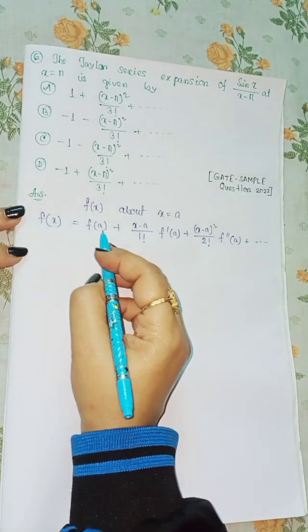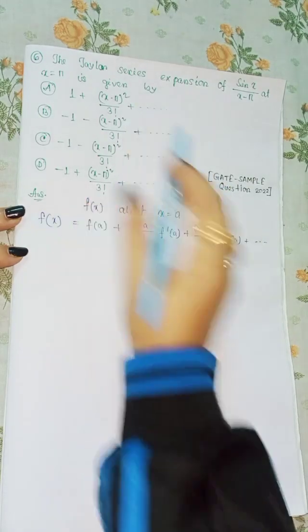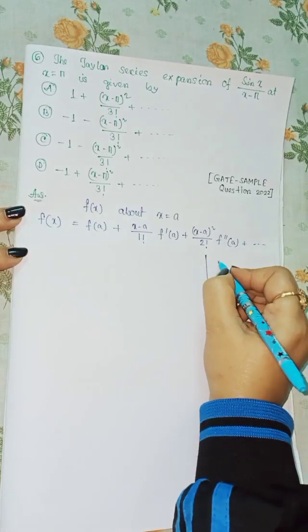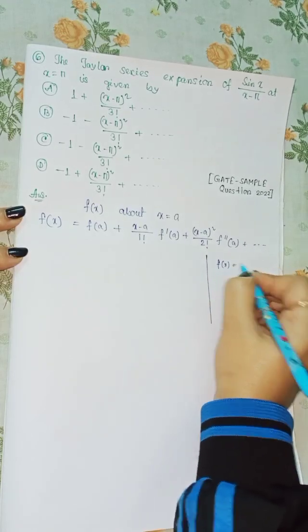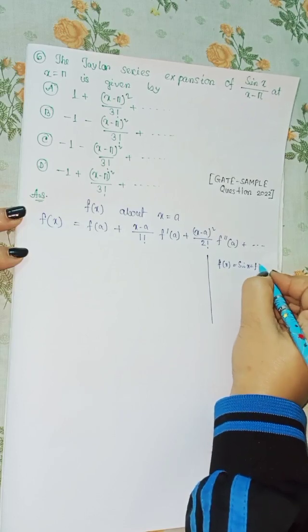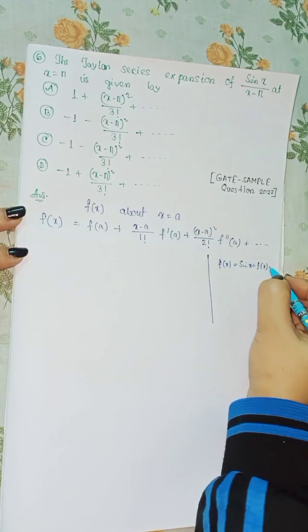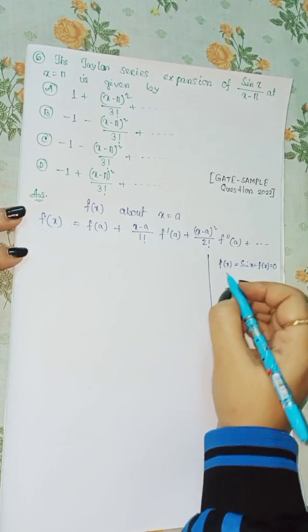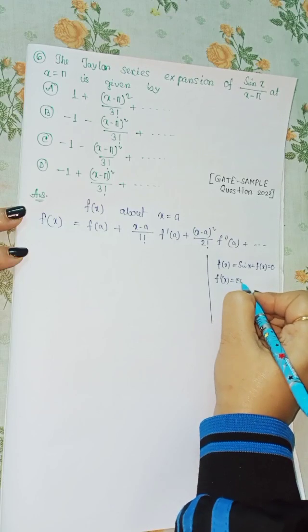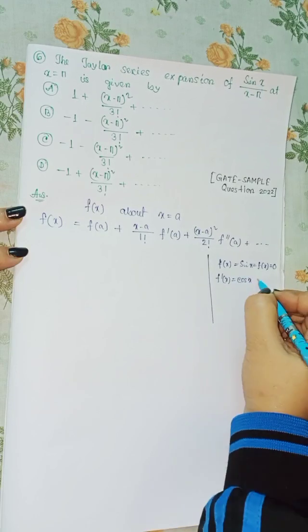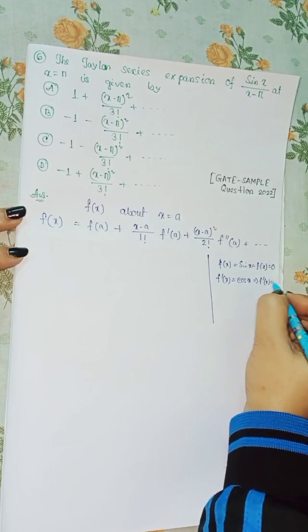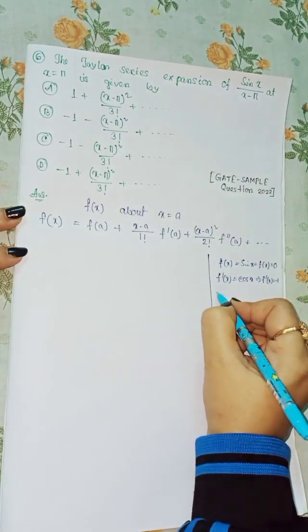Now one thing, if f x is equal to sin x, then f x at the point 0 is equal to 0. Now f dash x is equal to cos of x. So here f dash x is equal to 1 minus 1.